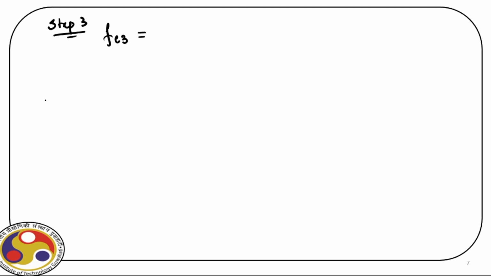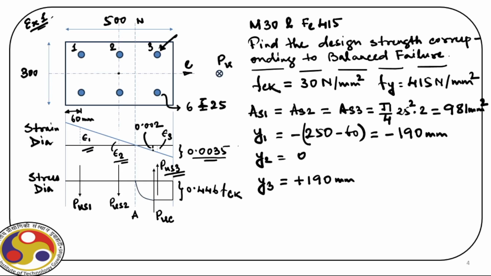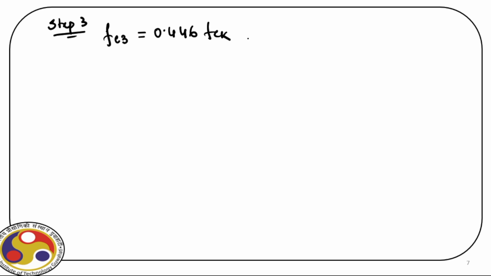So fC3 in this case, again, it is 0.446 fck, because we are in the rectangular stress block. Here you can see, and that's the reason here we have this value of compressive stress. So now for M30 concrete, this is 13.38 Newton per millimeter square.